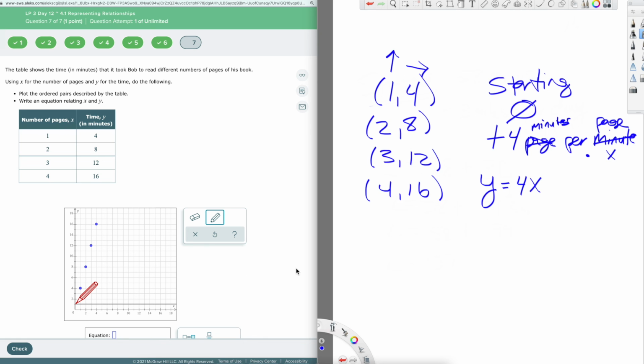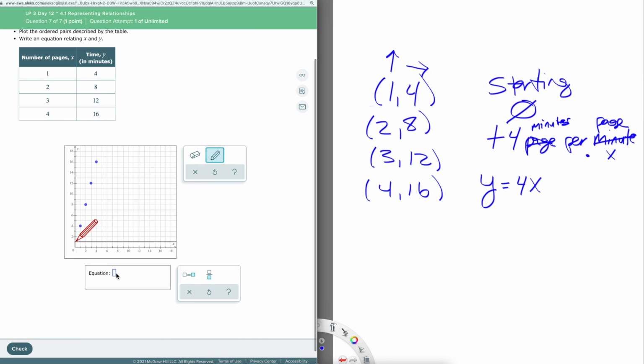All right, so let's see. We have Y equals 4X. So this also tells me that I'm multiplying X by 4 to move forward. So 1 times 4 is 4. 2 times 4 is 8. 3 times 4 is 12. 4 times 4 is 16. See how that pattern works? So that actually does work out very nicely for us.